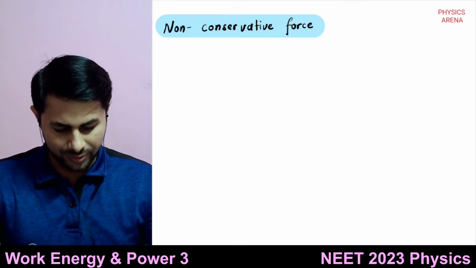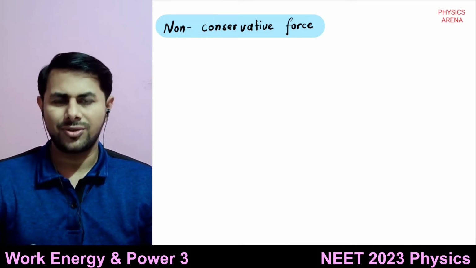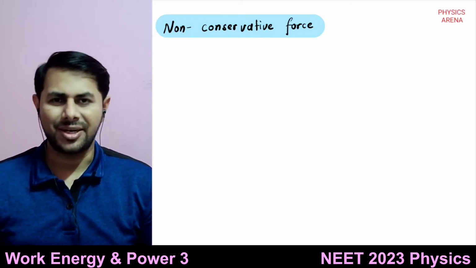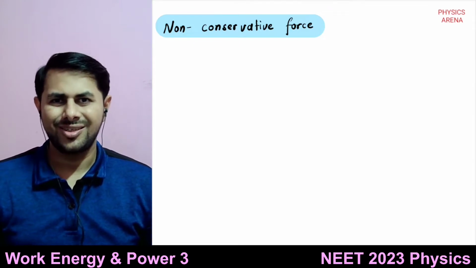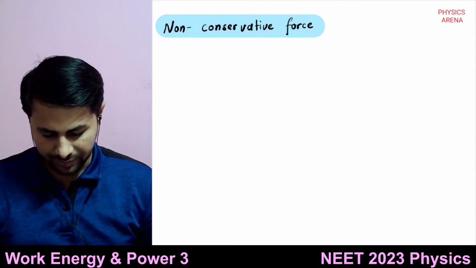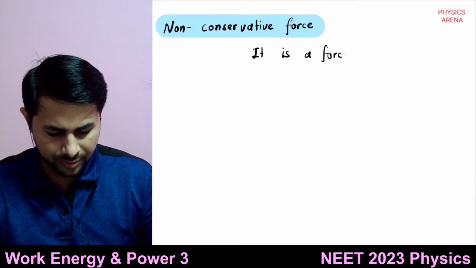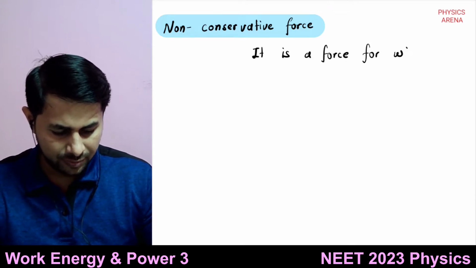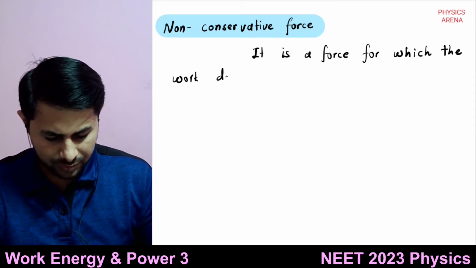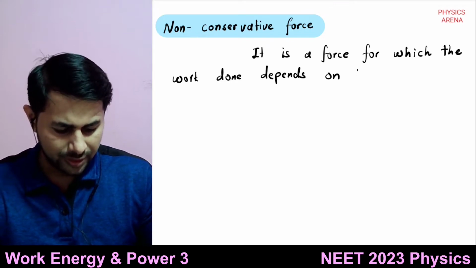All right. So then let's talk about the non-conservative force. If a conservative force is a force for which work done does not depend on the path, that means a non-conservative force is a force for which the work done depends on the path followed.